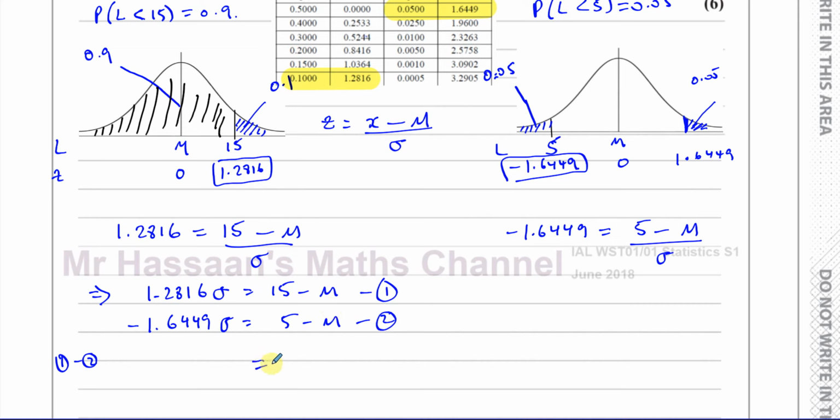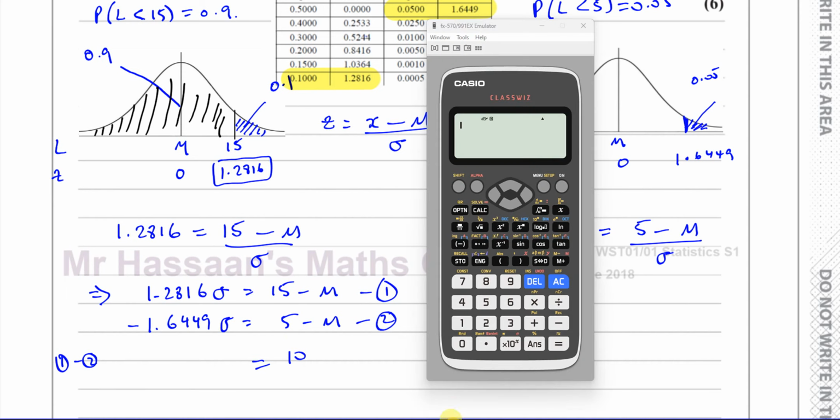So this side is going to say 15 minus 5, and the other side you're going to have 1.2816 take away, well, in fact plus, this is minus, I'll just do this, minus 1.6449.